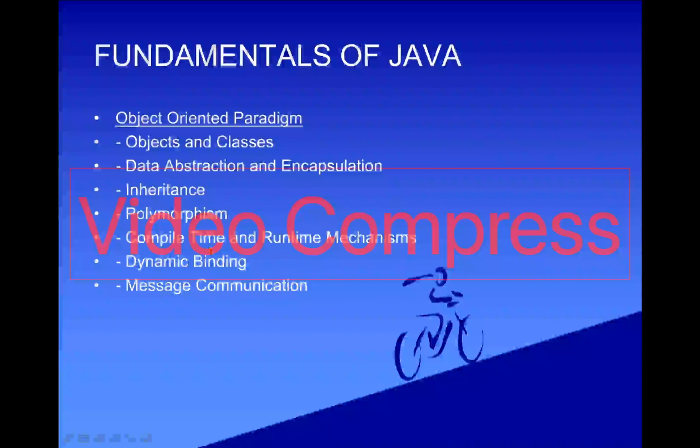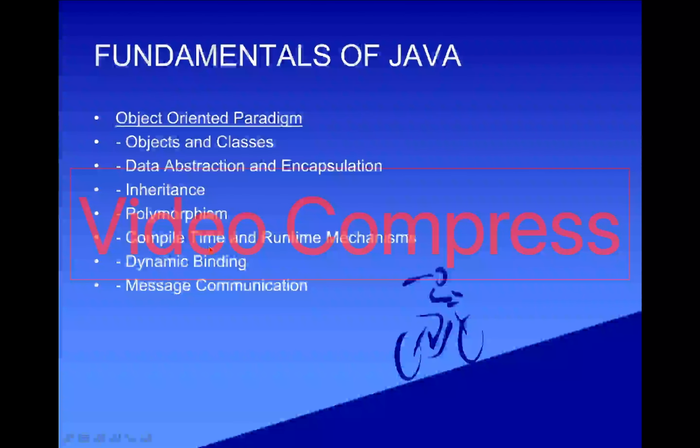Dynamic binding refers to the linking of a procedure call to the code to be executed. It means that the code associated with a single procedure call is not known until the time of the call at runtime.